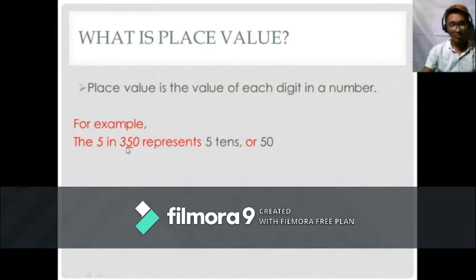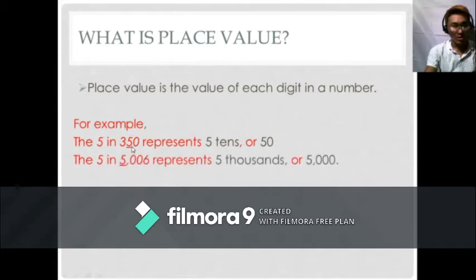When you look at the 350, the 5 is between, or in the center of, 3 and 0. That is the tens place. Next, how about the 5 in 5006? When you identify the place value of 5, it is 5,000, or 5,000 in numerical form.